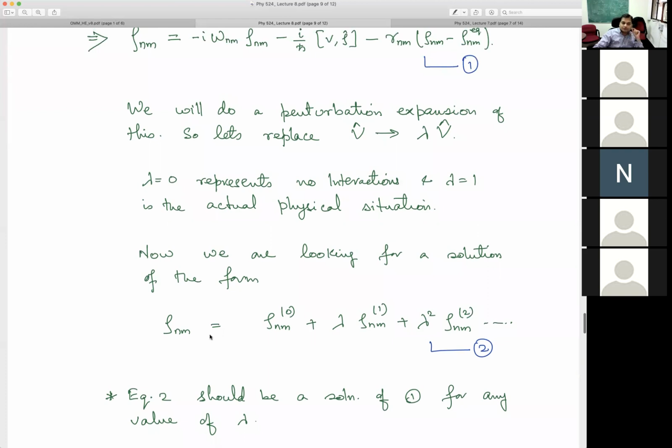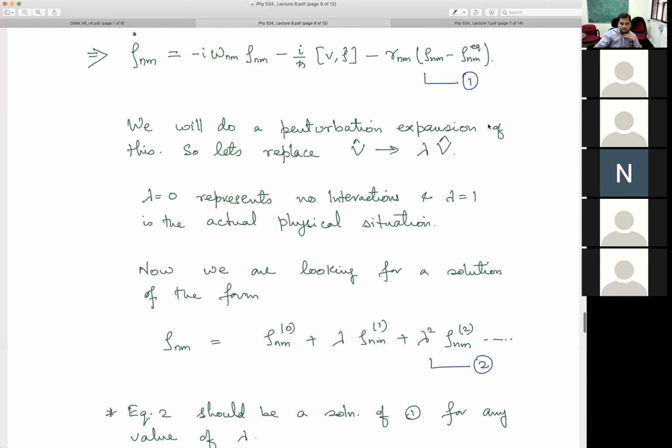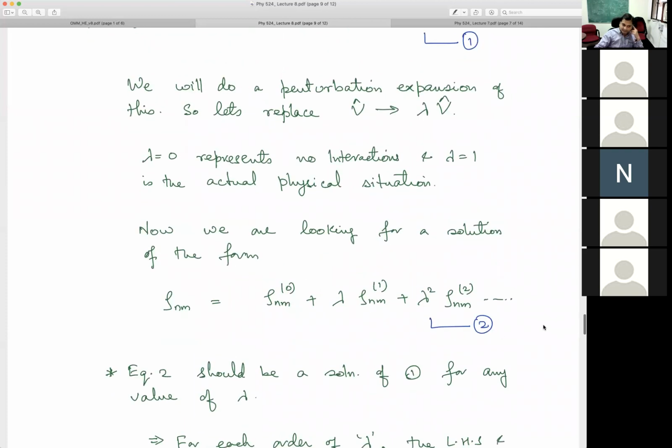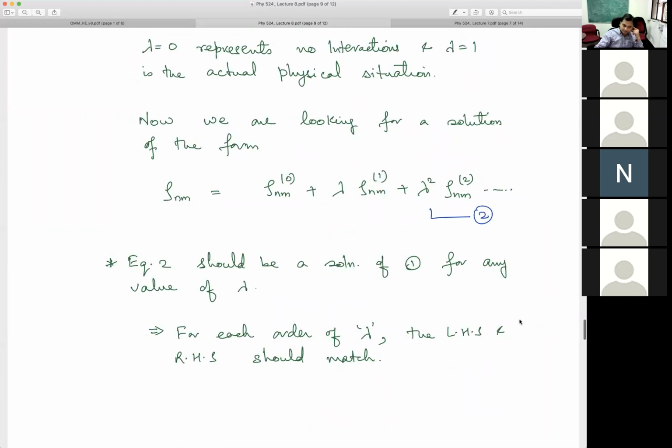So let me write this rho nm as an expansion in this lambda. And you'll see in a minute why this is needed. So rho nm 0, let's say 0th order in lambda, first order in lambda, lambda rho nm 1, plus second order in lambda, plus third order in lambda, and higher orders, etc. Okay. So this was equation 1, the equation of motion for the density matrix. The expansion of rho nm is equation 2.